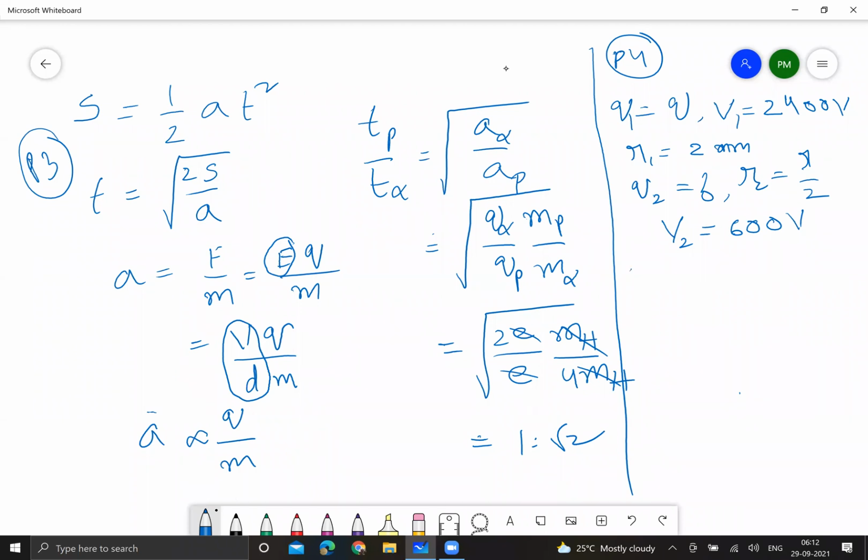So here no other forces are considered. Upward force can be assumed to be the electrostatic force, and downward force is the weight, that is the gravitational force. So that's how it is in equilibrium. So EQ, that is V by D into Q, is equal to mg.